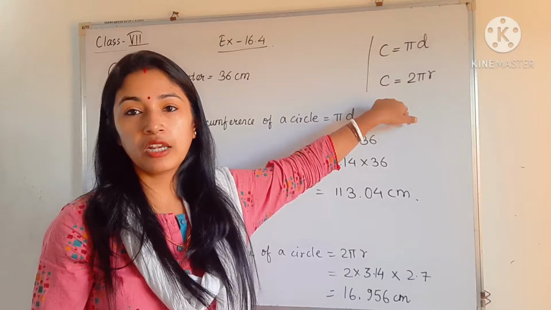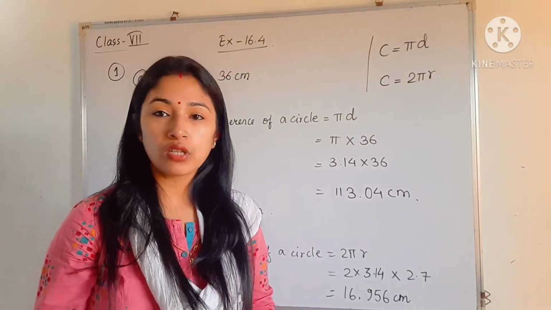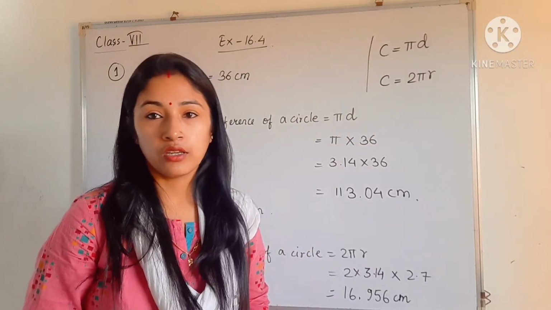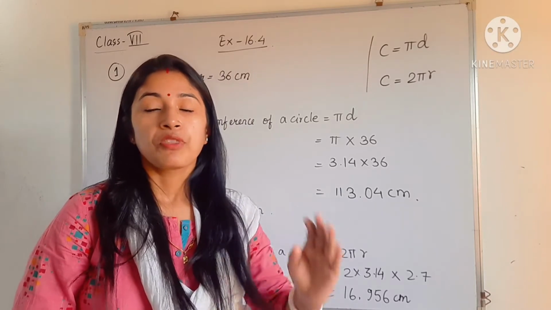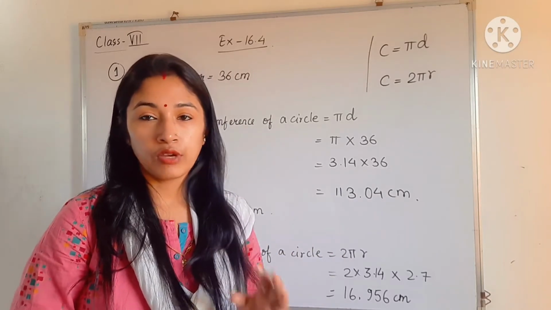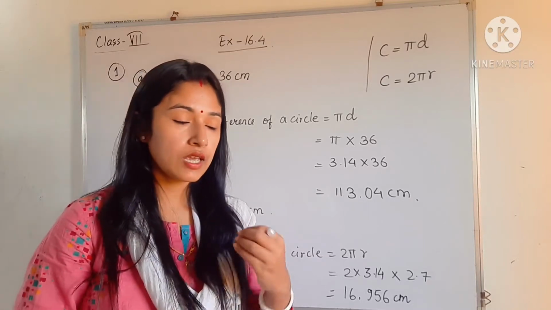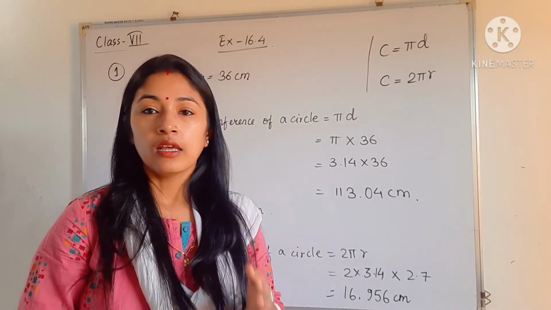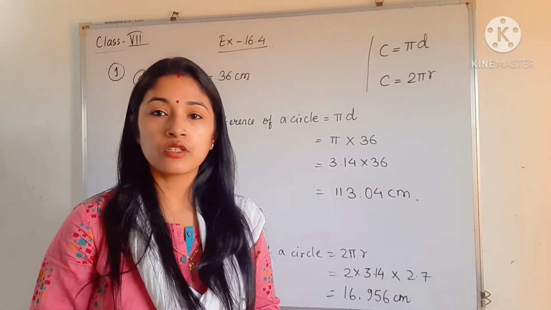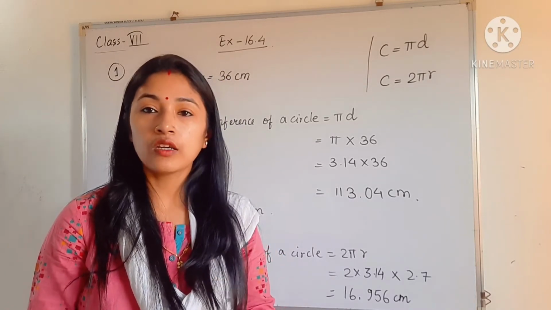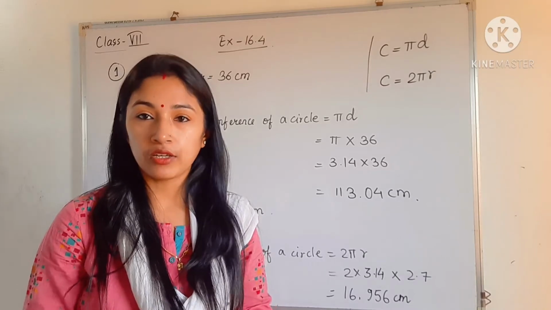And what is circumference? Circumference is the total length of the boundary. The total length of the boundary is also called perimeter. But whenever we talk about a circle, a circle is a round, circular object. That's why we didn't use the word perimeter here.